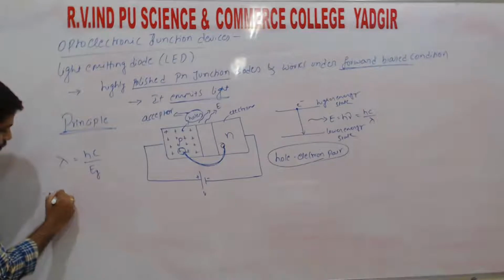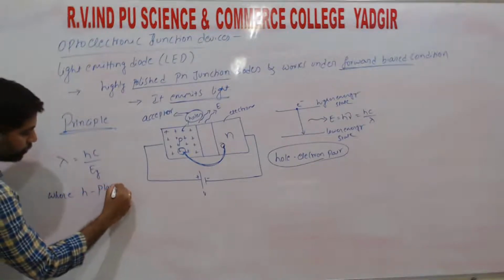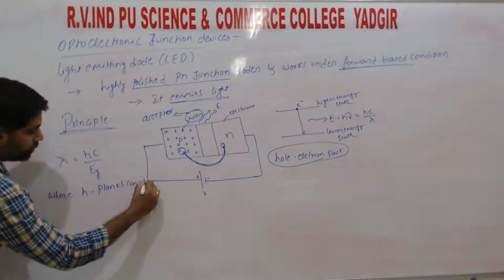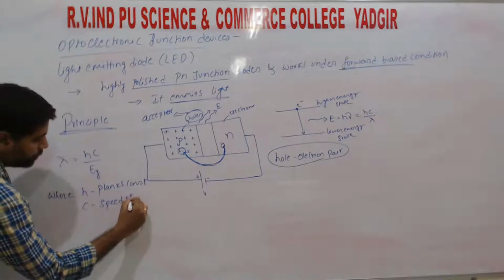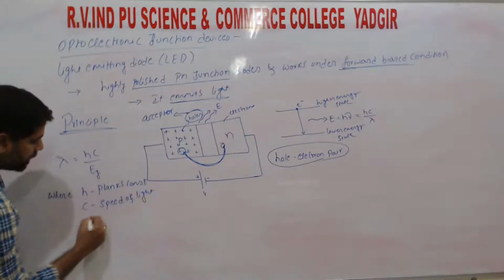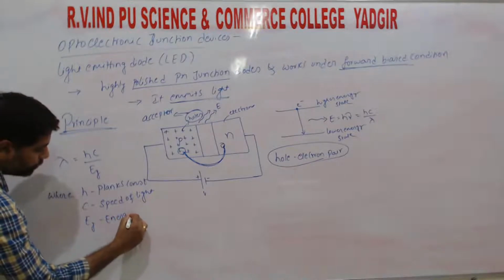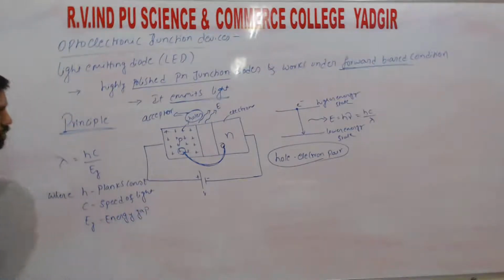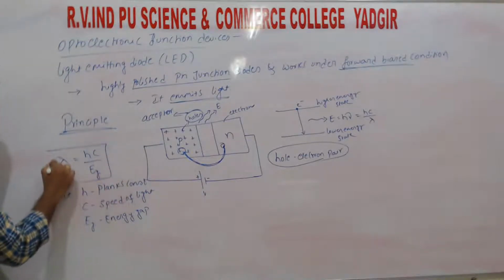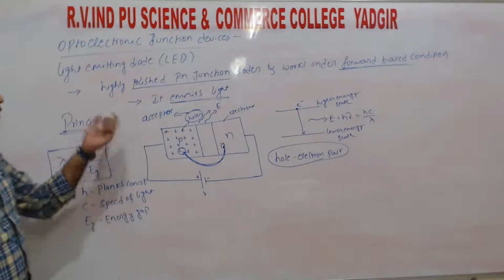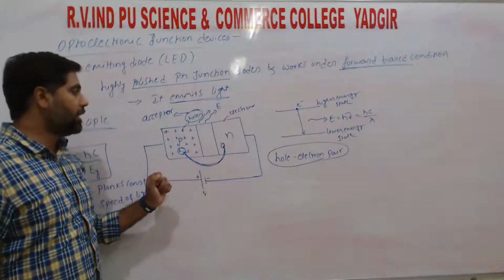Here h is Planck's constant, c is the speed of light, and Eg is the energy gap. So this is the wavelength which is emitted during the forward biased condition. That is the light, right?